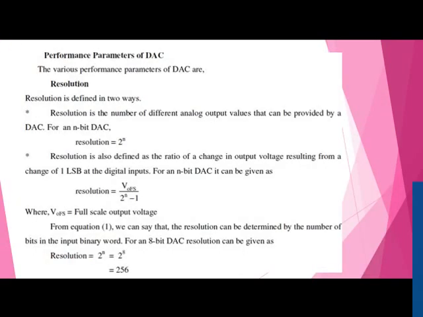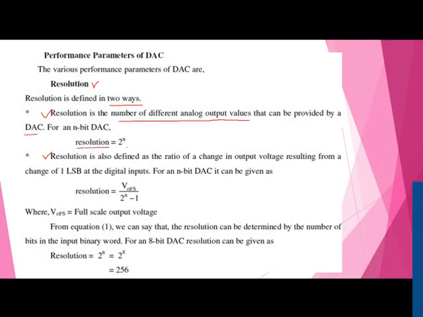In this slide we are discussing the performance parameters of DAC. The first one is resolution, and resolution is defined in two ways. The first definition: resolution is the number of different analog output values that can be provided by the DAC, that is, resolution equals 2 raised to n.